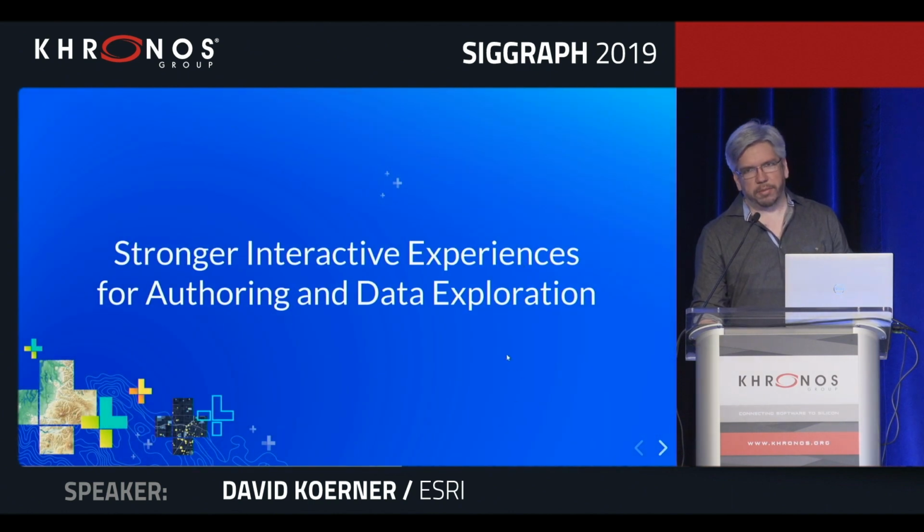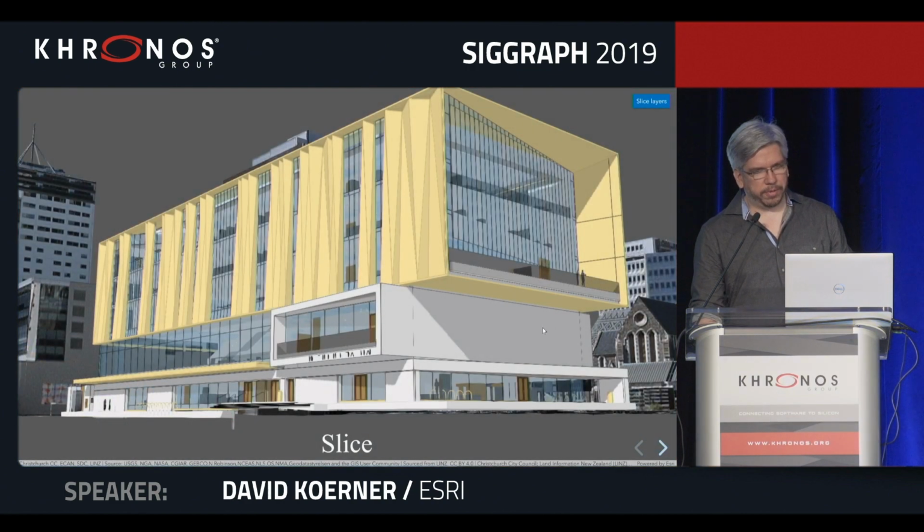The second main thrust which we are working on is to allow stronger interactive experiences for authoring and data exploration. Ken mentioned the BIM model in the beginning of the session, and we have recently moved towards BIM. We have a collaboration with Autodesk where we directly read their Revit data, which is the BIM data, and we use WebGL to allow people to explore these data sets.